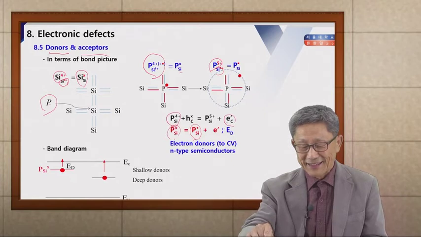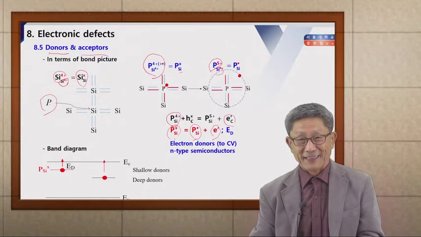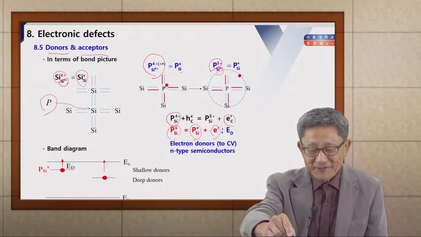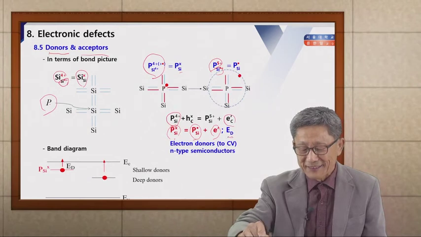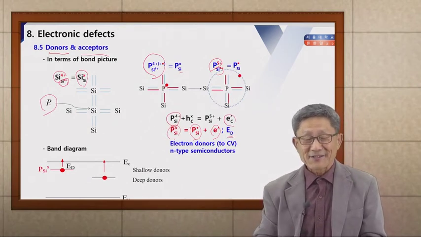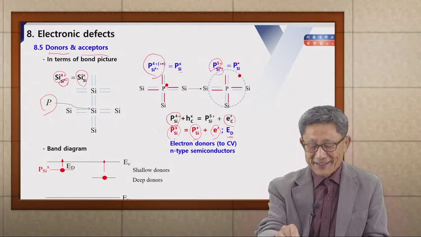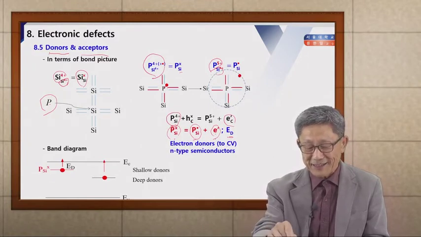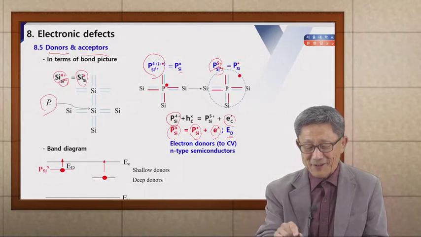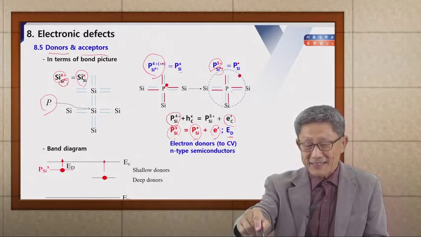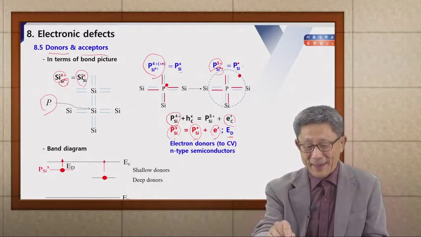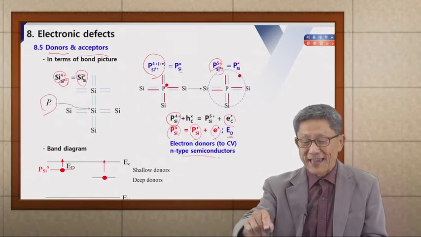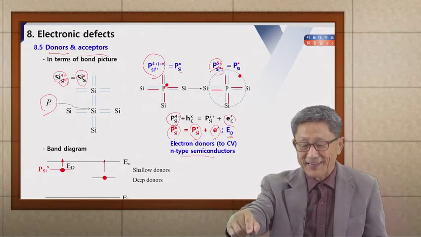And then the combination of these two things makes the building unit, electrons in the conduction band. And this attractive energy is called the ionization energy. Okay? Because this impurity donates electrons to the conduction band, it is called an electron donor. As a consequence, this material, phosphorus doped silicon, makes an n-type semiconductor, because electric charges are transported by these free electrons.